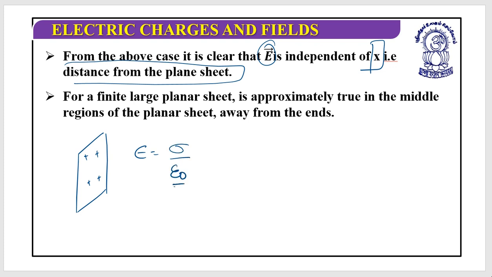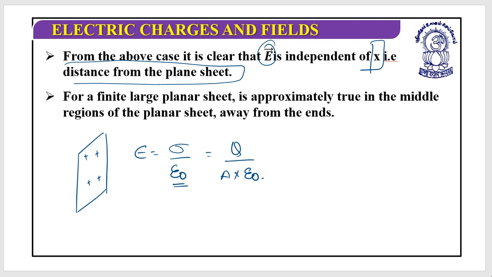It's sigma by epsilon naught. If I replace sigma, it would be Q by A epsilon naught, which means this is not dependent on the distance from the plate.